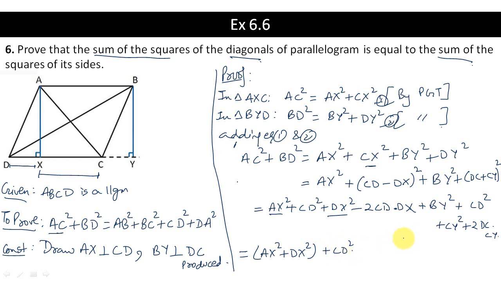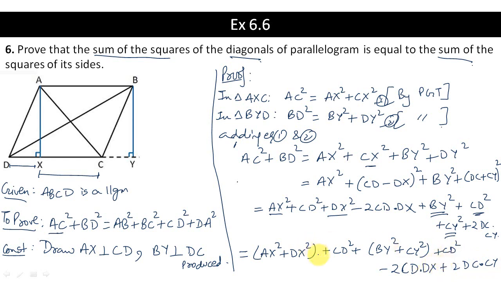BY square and CY square will again form a pair, BY square plus CY square. This CD square is left, and minus 2 times CD into DX plus 2 times DC into CY.